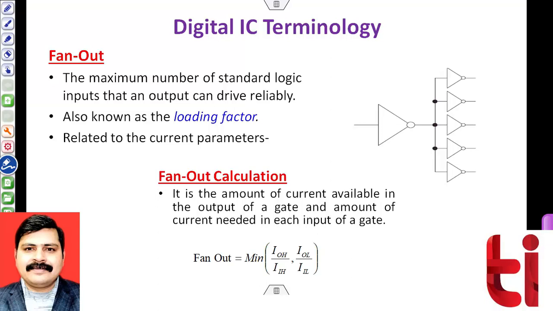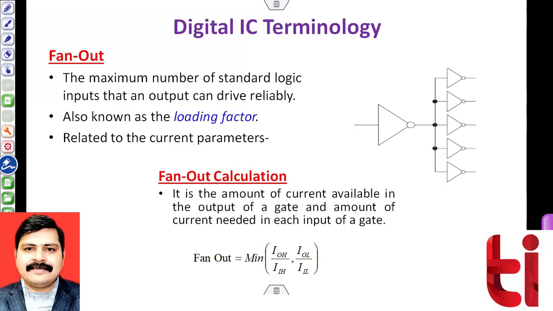Similar to fan in, another component here is fan out. What is the terminology of fan out? You can check. This is a particular gate which is driving all these gates. The number of gates driven by this driving gate is termed the fan out of this gate. That means the number of output gates that can be connected to and driven by a particular gate is known as the fan out.